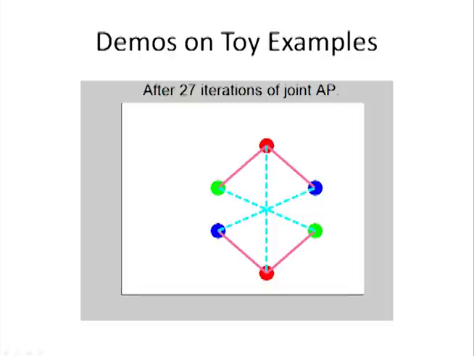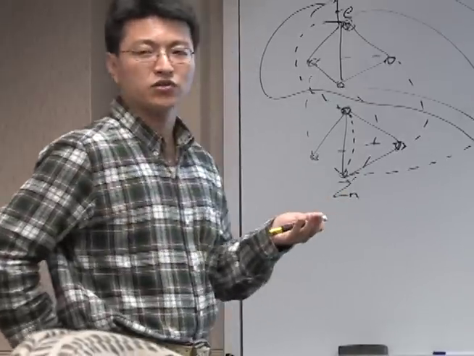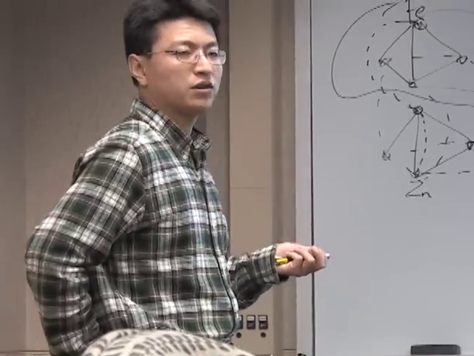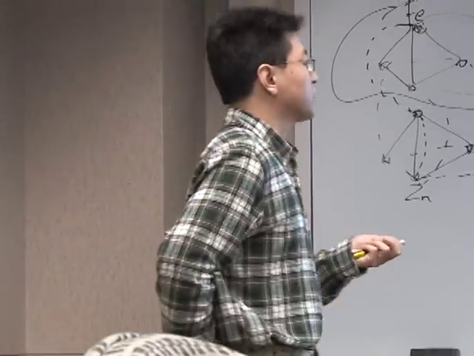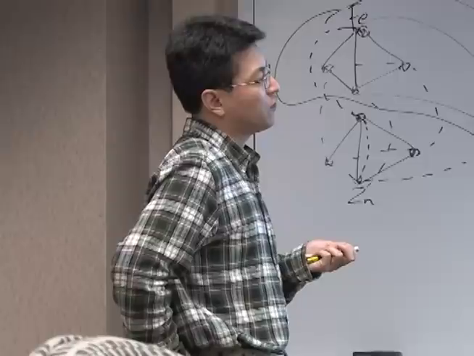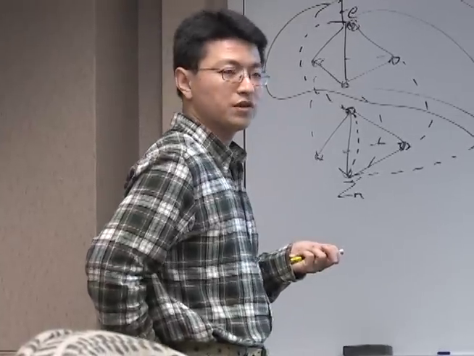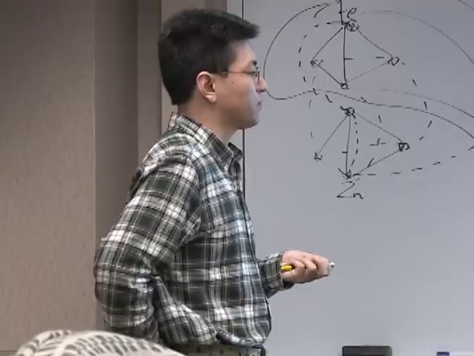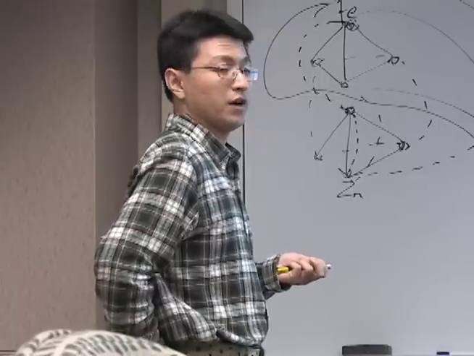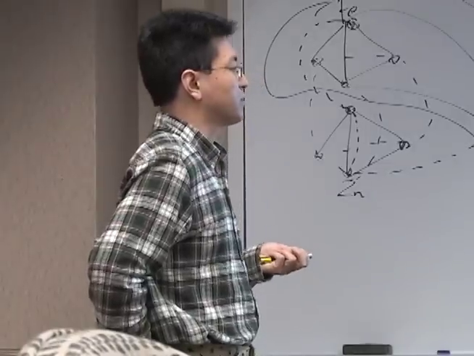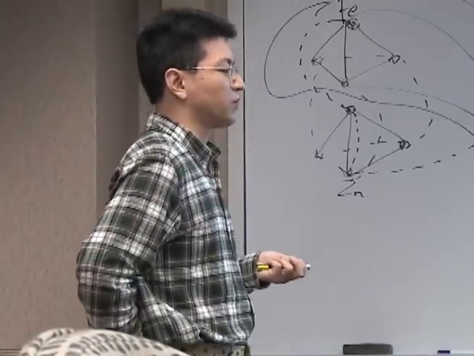So in the end, if I use pink to mean the edge clustering and cyan dashed line to mean the node clustering, it tells me that these two nodes prefer this red node to be their edge example, and these two nodes prefer this green node to be their edge example, and the cyan dashed lines tell me they prefer to be aligned this way.